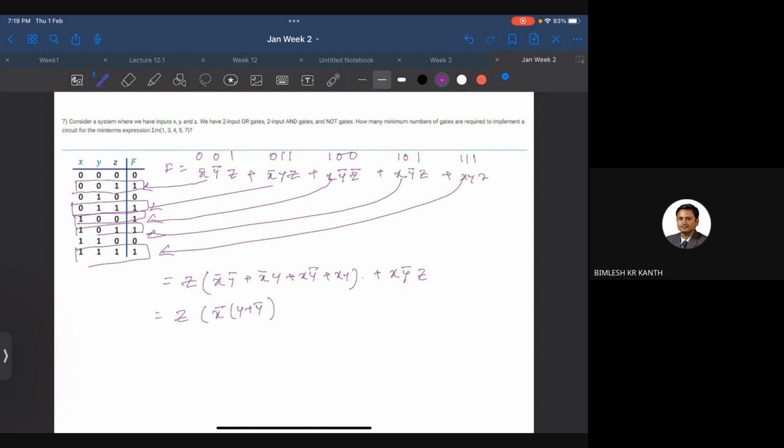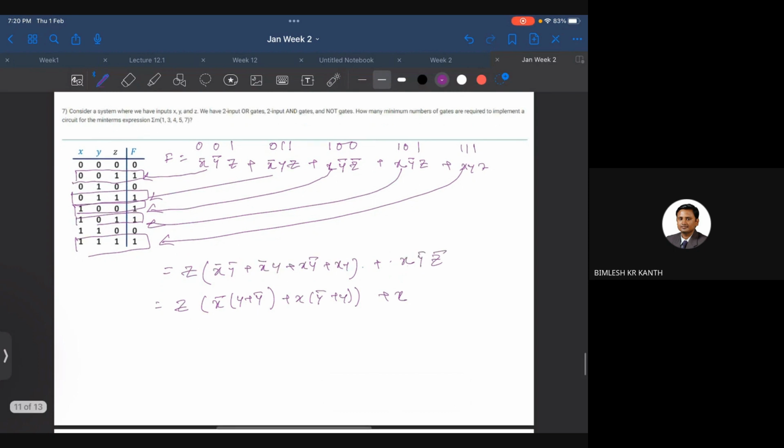This is x bar y z, and x bar y bar z is 1, and x y bar z bar is 4. Now z x bar is 1 and this is 1, right?